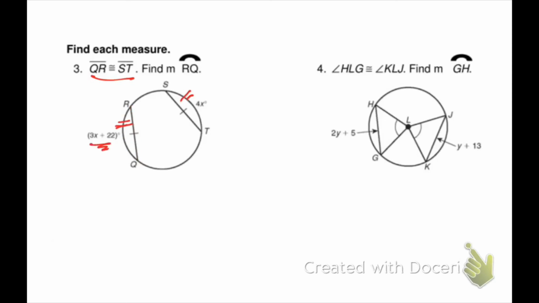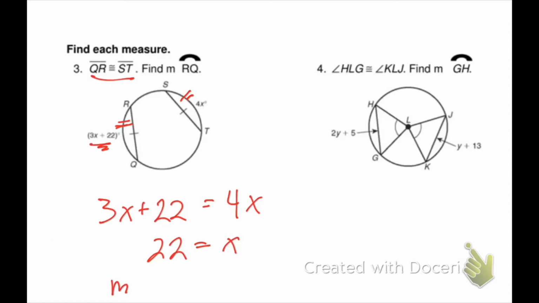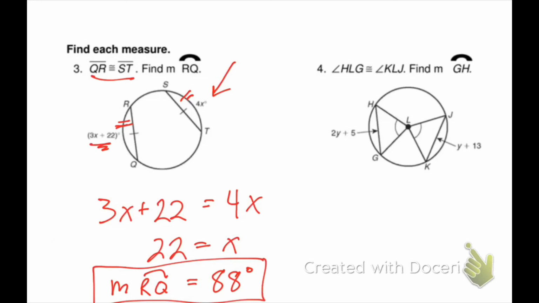Here's the given information for the arcs. So I can do 3x plus 22 equals 4x, and then solve for x. So x is equal to 22, and then I can plug it back in to solve for the actual arc measurement. So the measure of arc RQ is equal to, it doesn't matter which one I plug it into because they're both congruent. So I get 88 degrees for the arc.